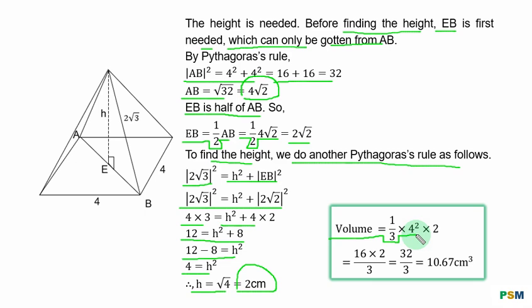So the side is 4. You square it times the height of the pyramid. 4 square is 16 times the height 2 over 3. That is 32 over 3 equal to 10.67 cubic centimeters.